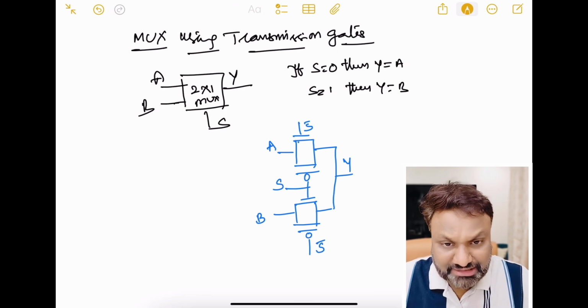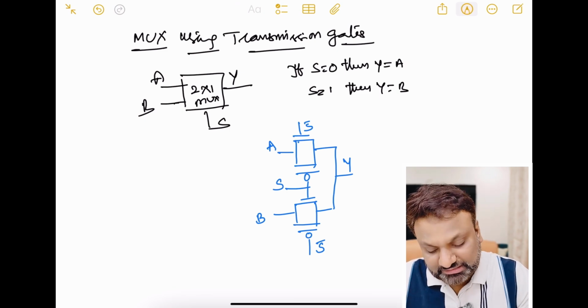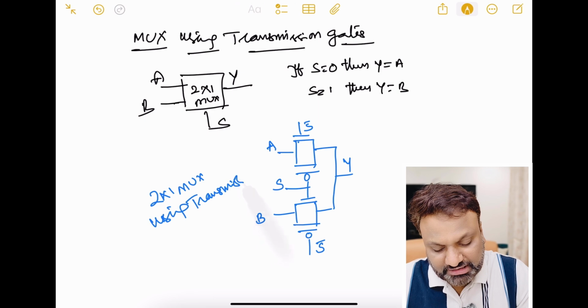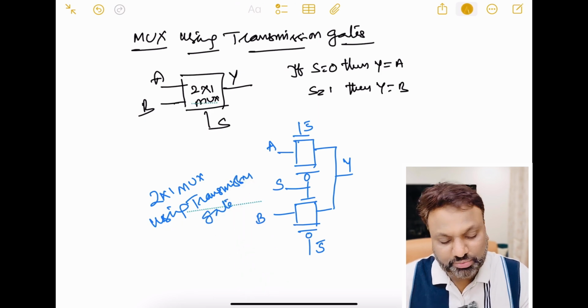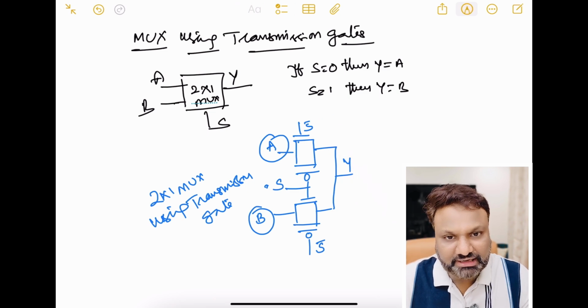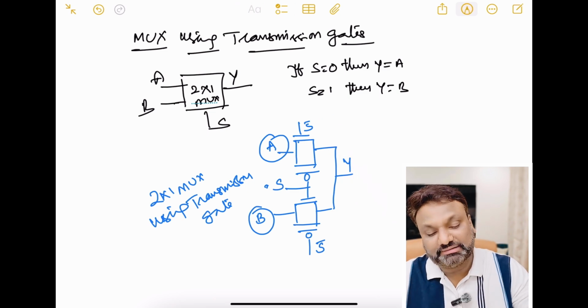So this is a very simple construction of a 2x1 MUX using a transmission gate. A simple transmission gate is enough to implement a 2x1 multiplexer. You simply give your A and B inputs here and take the S selector line here, such that this design implements a 2x1 multiplexer.